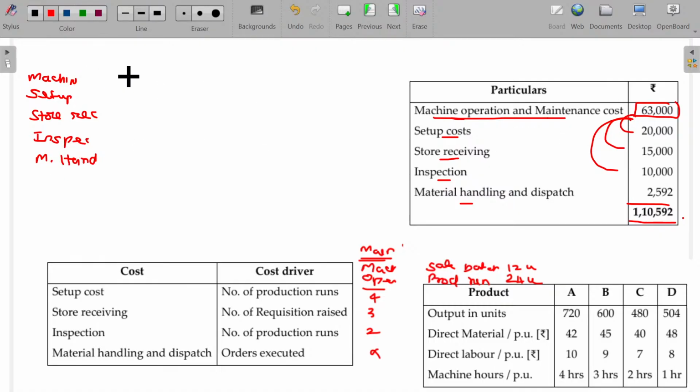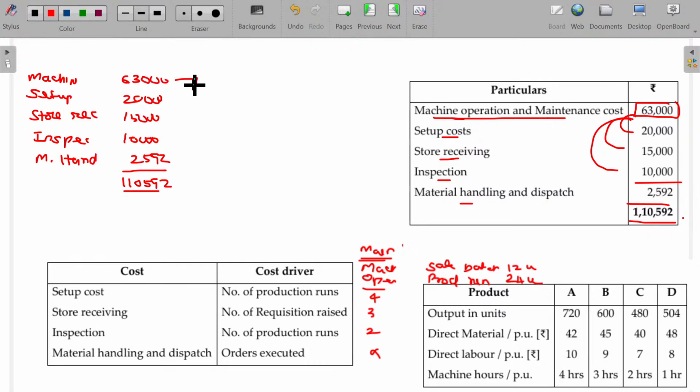What's the machine cost? 63,000. For setup, 20,000 rupees. For stores receiving, 15,000 rupees. For inspection, 10,000 rupees. Material handling, 2,592. Overall cost being 1,10,592.